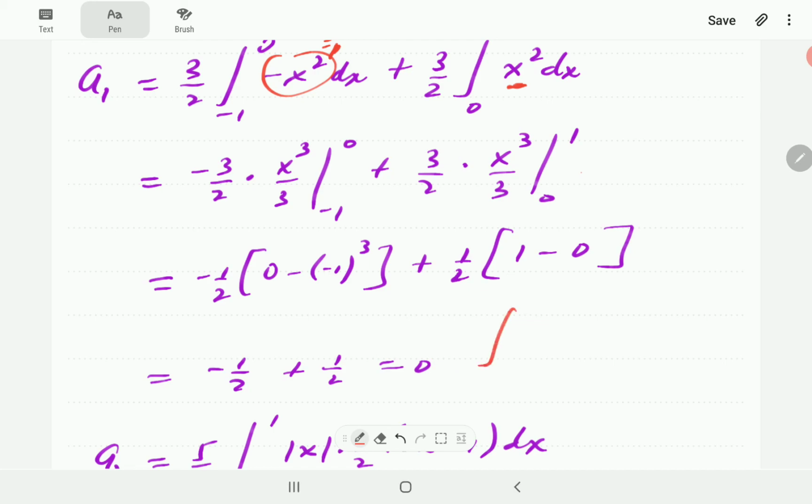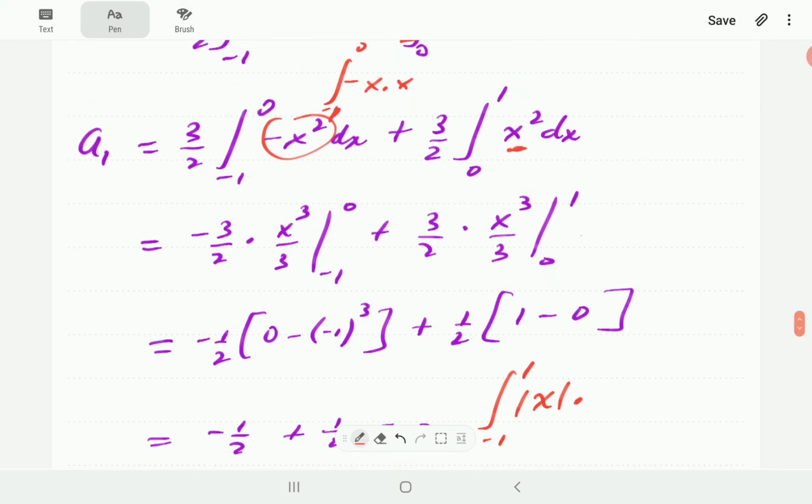Well, we could have just seen this from the fact that p1 is x, which is an odd function, and our function is mod x, which is an even function. Now whenever you multiply an odd function by an even function, the resulting function is going to be an odd function.